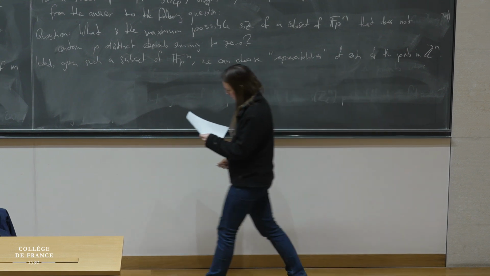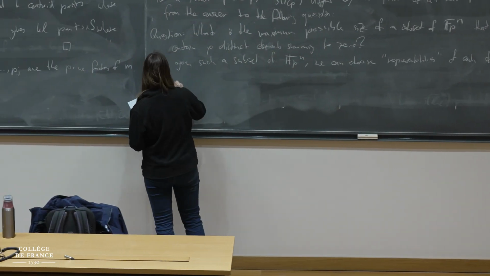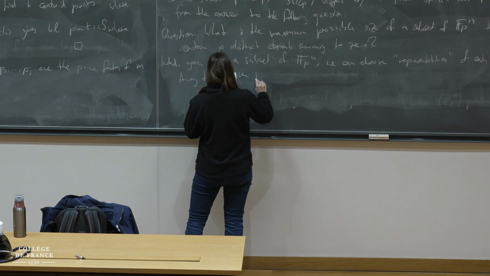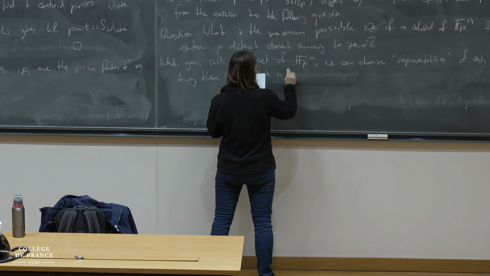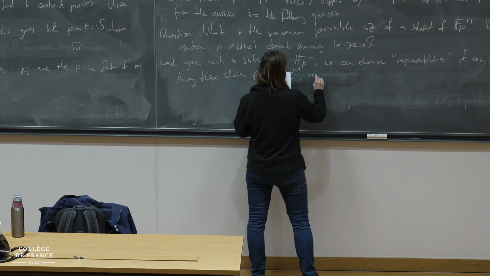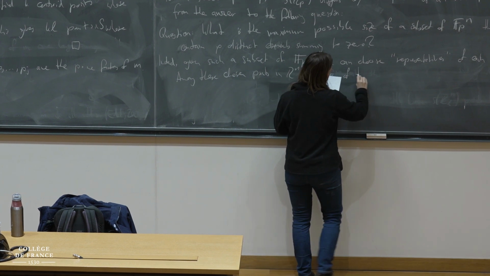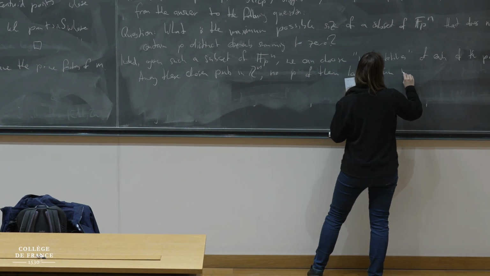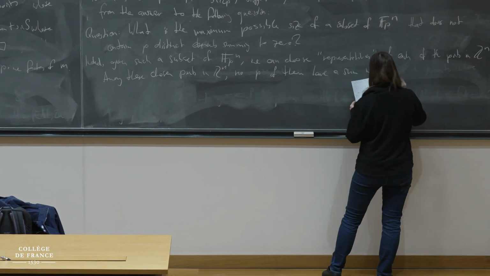And so now, among these chosen points in Z to the n, no p of them have a sum with all coordinates divisible by p.